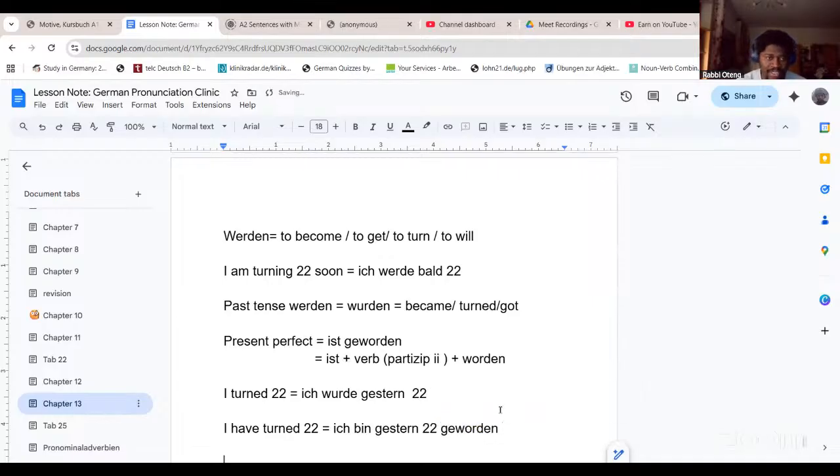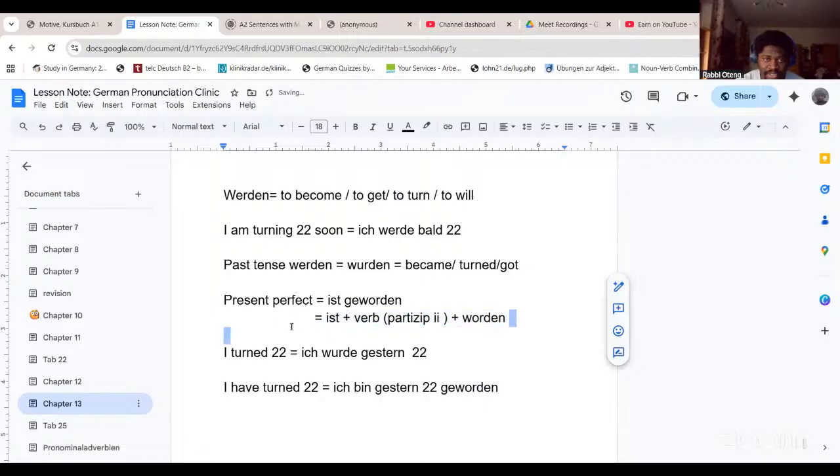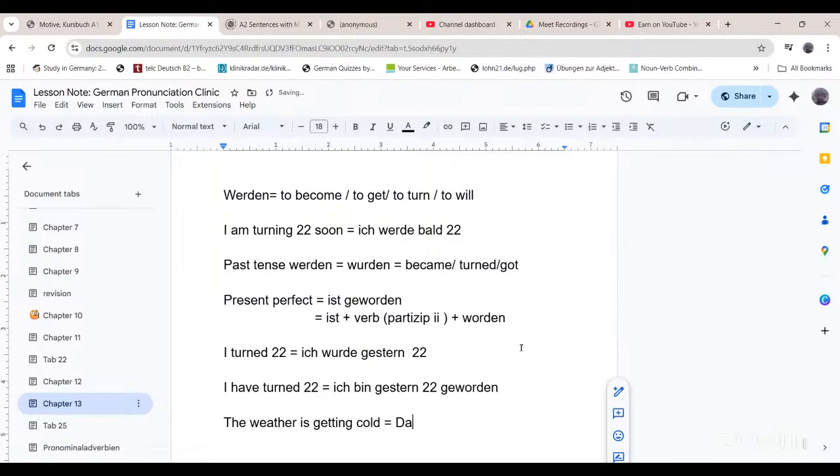Let's use another example before we come to how the second one is used. The weather is getting cold. Das Wetter wird kalt.